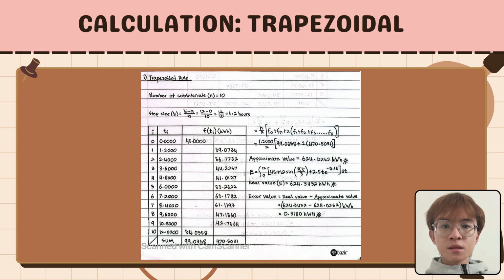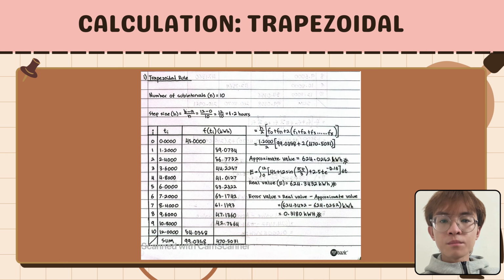For this example, the trapezoidal rule is used to estimate the total energy consumption over a 12-hour period. The interval from 0 to 12 hours is divided into 10 equal subintervals, giving a step size of 1.2 hours. The power values at each time point are substituted into the trapezoidal rule formula to calculate the approximate energy, resulting in 624.0252 kilowatt.